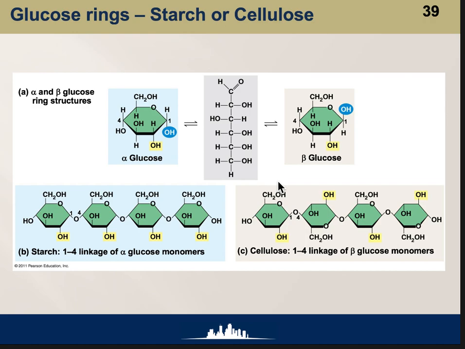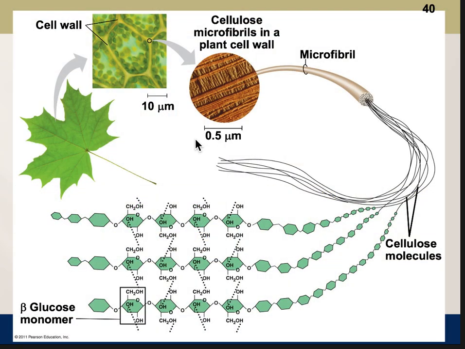It's really interesting because when we look at the alpha glucose versus the beta glucose in a chain, it goes back to where these functional groups are. When we look at the cell wall, we have cellulose, then these cellulose microfibers, then this beta glucose monomer.